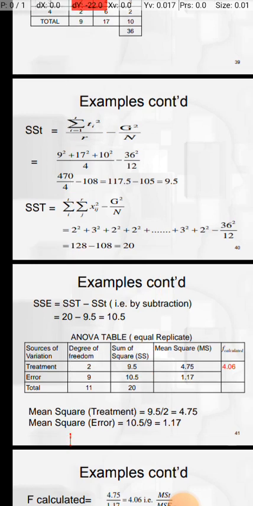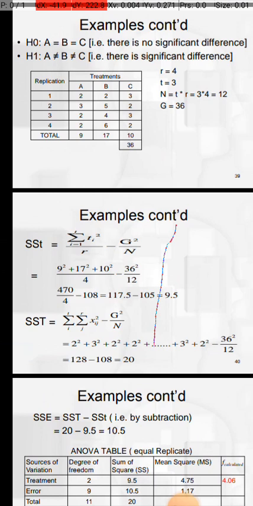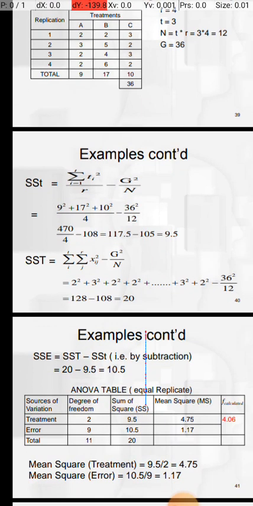Now to get your treatment, that will be gotten as t minus 1. Don't forget our treatment, if you check from up here, go back to the video, our treatment is 3. So that will be t minus 1. That will give you that.